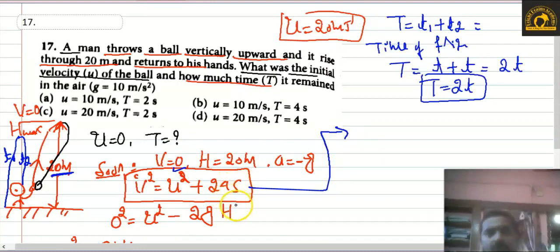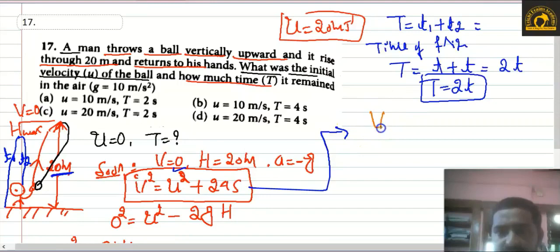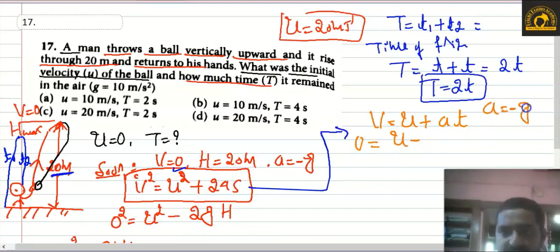But we need the time. To calculate time, we know the equation v is equal to u plus at. Then 0 is equal to u minus g into the time of flight T, because a is equal to minus g.